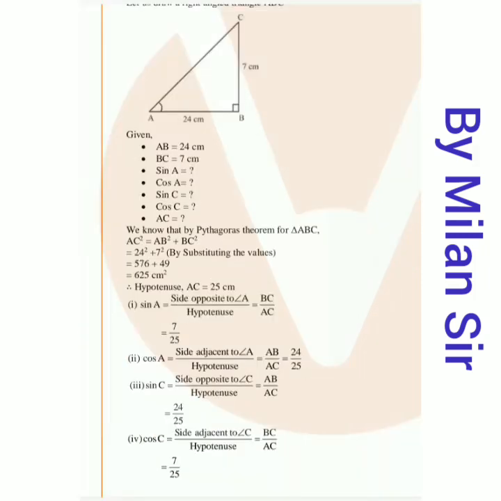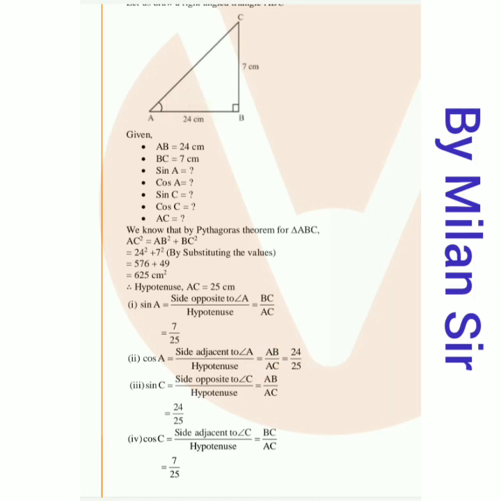Then cos A, again A is our reference angle. Now formula of cos, adjacent side upon hypotenuse, so side adjacent to angle A upon hypotenuse. Now adjacent side for angle A is AB and hypotenuse AC, so AB upon AC, and put the values of AB and AC. AB is equal to 24 and AC is equal to 25, so final answer cos A is equal to 24 by 25.